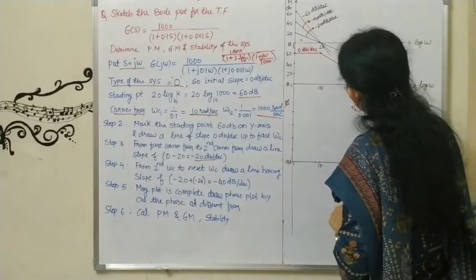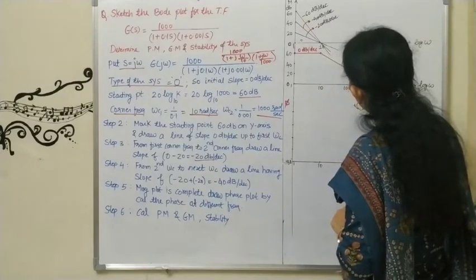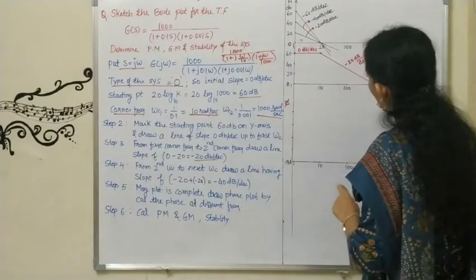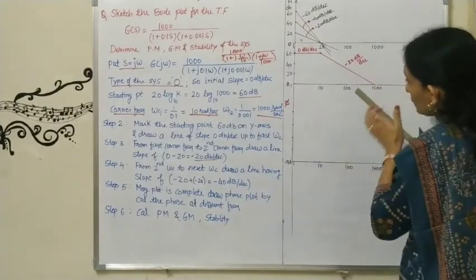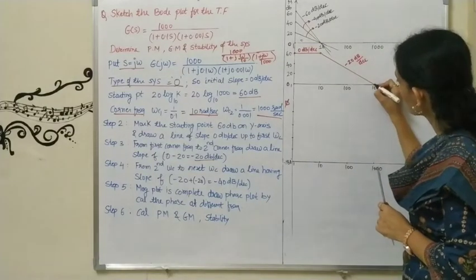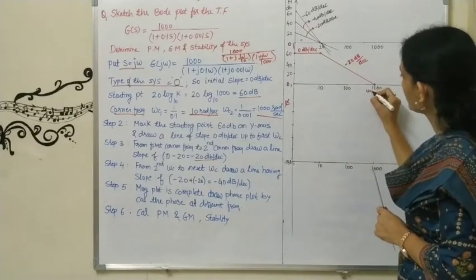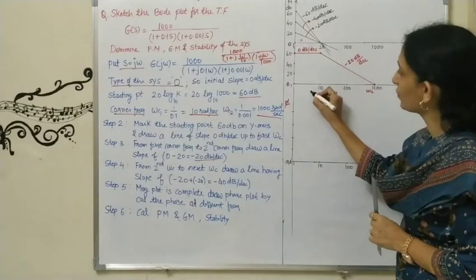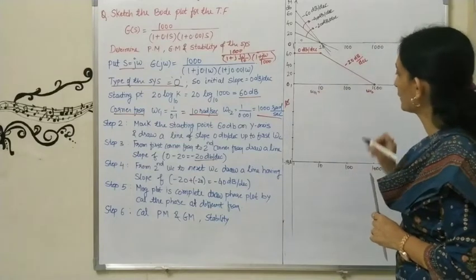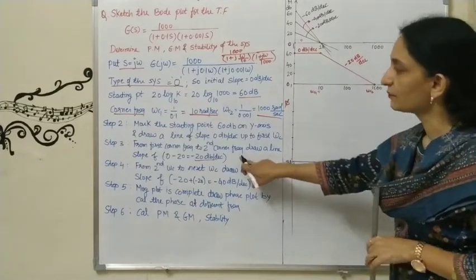Look at this, I am getting the minus 20 dB per decade line slope. I hope you are getting it. You need to stop here because your next corner frequency omega c2 is 1000, and this is your omega c1, that is 10.